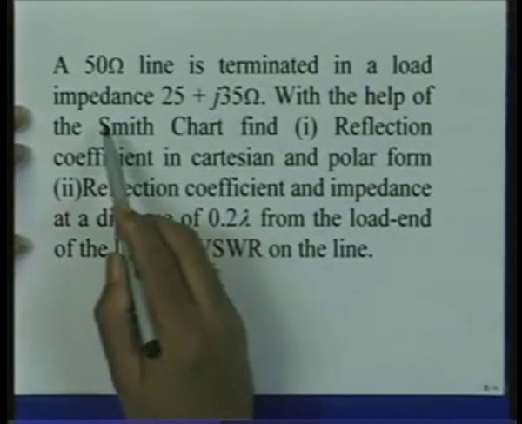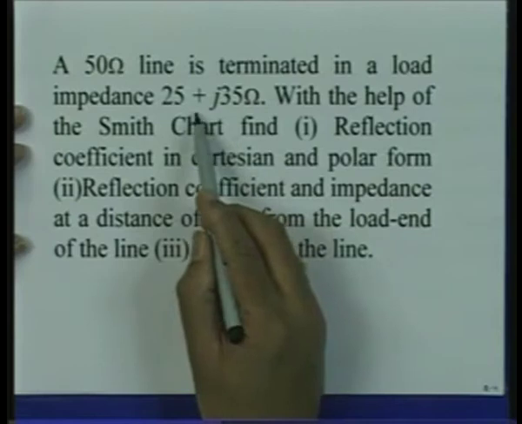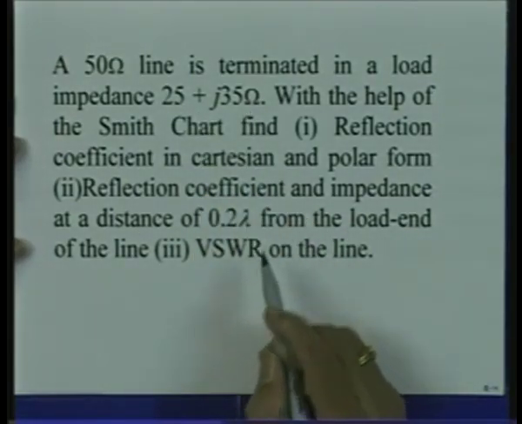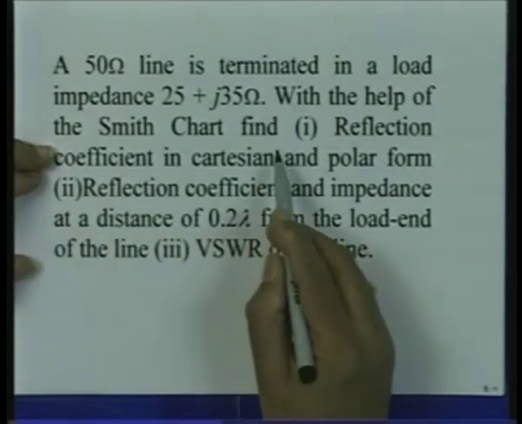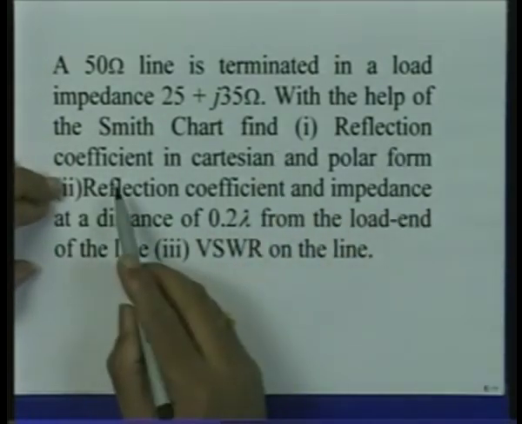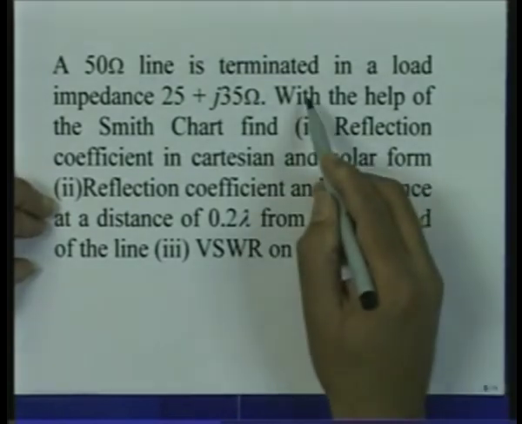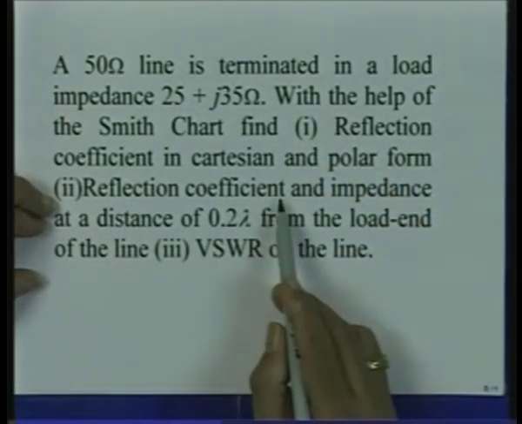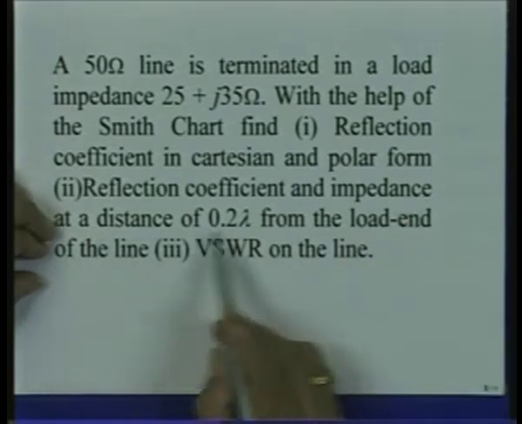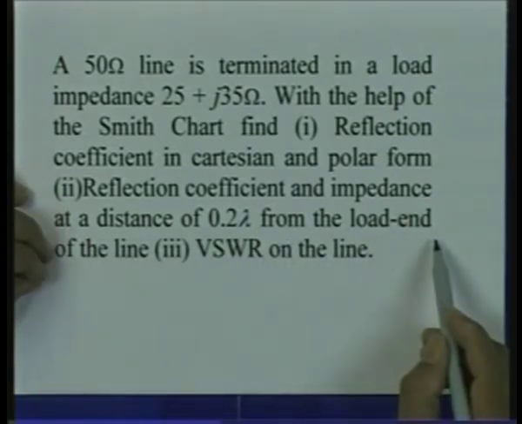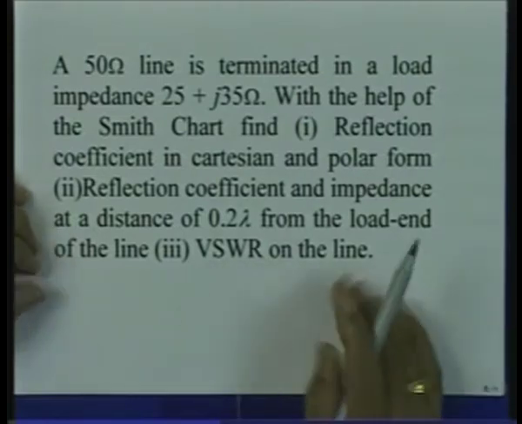Let us say I have a 50 ohm line which is terminated in a load impedance of 25 plus j35 ohms. With the help of the Smith chart, find reflection coefficient in Cartesian and polar form at the load point, reflection coefficient and impedance at a distance of 0.2 lambda from the load end, and the VSWR on the line.